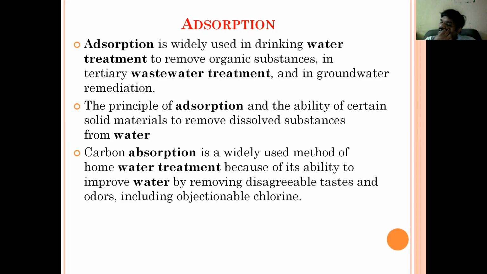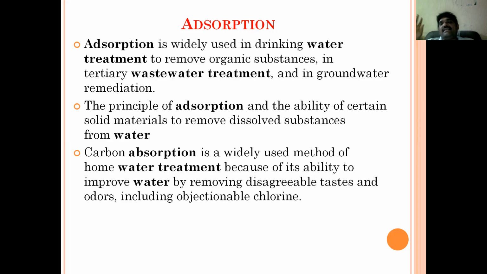Understand? What is an adsorbent? The substances which are used in the adsorption procedure are called adsorbents. What are the examples? Silica gel, zeolite, and even activated carbon, and so on.